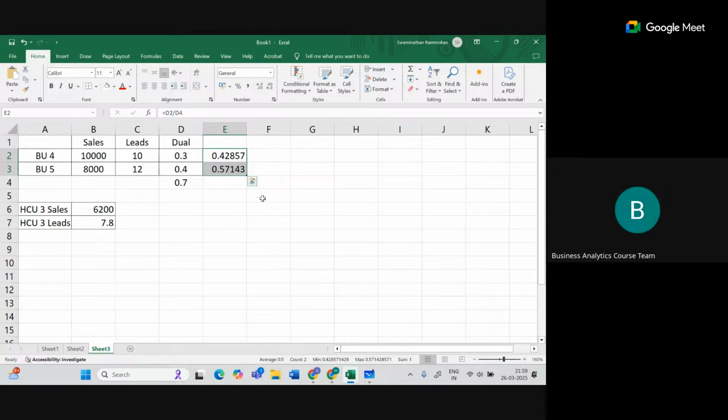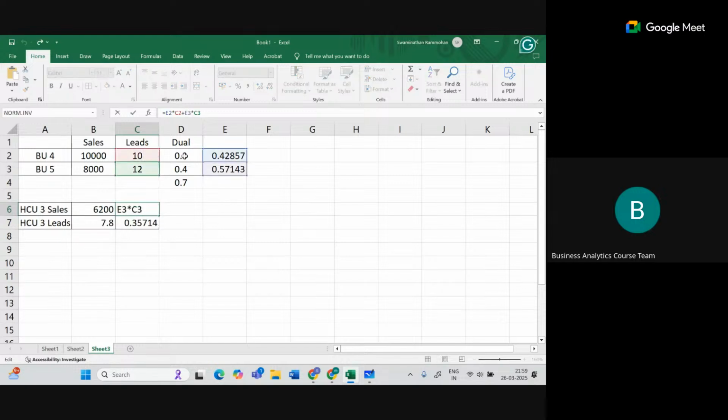If you add up both, you get 1. Now let's do it: 10,000 into 0.42 plus 8,000 into 0.57.